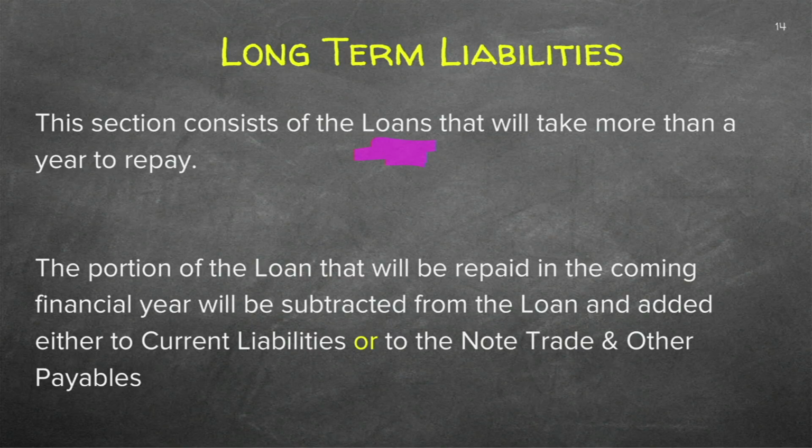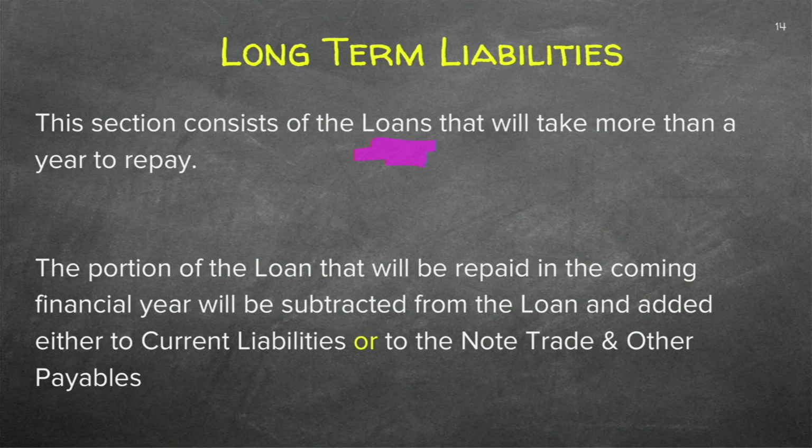Okay, so a loan is money we have borrowed from a financial institution usually, and we will be repaying the loan with interest. We are going to do exactly the same with the long-term loan that we did with our investments. So we're going to separate the portion that we're going to pay back in the coming year from the long-term loan.